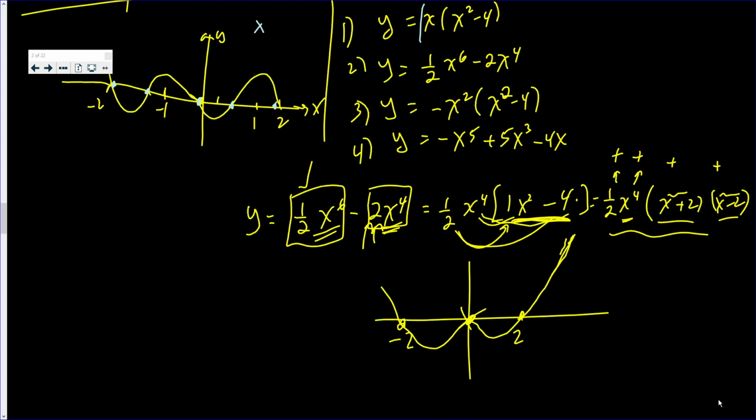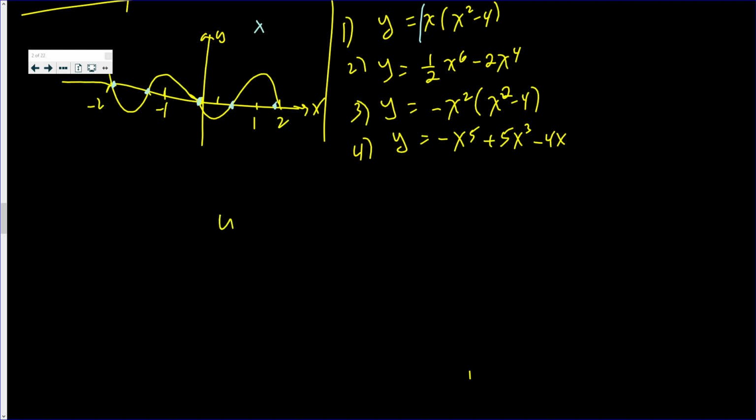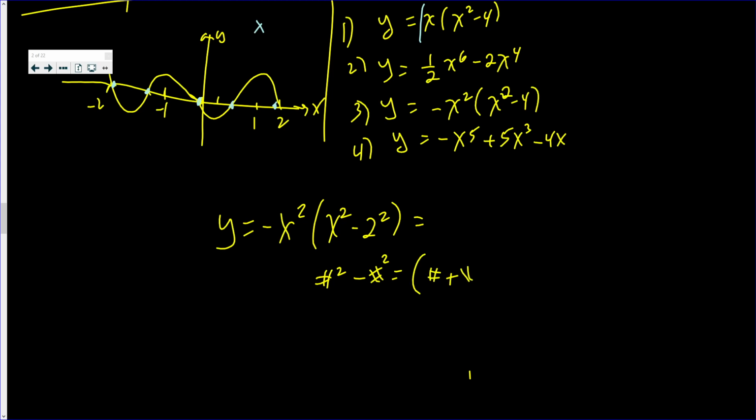Now let us look at the third one. Y is -x squared times x squared minus 4, which is 2 squared. If you have a number squared minus another number squared, you add the two numbers and then you subtract the two numbers.